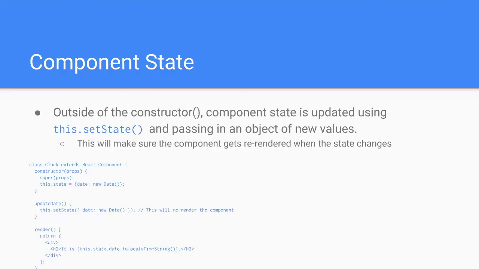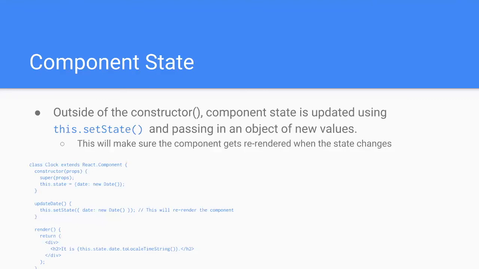Instead, here's a method called updateDate, and we say this.setState, and we pass in a new state object that gets updated. So we're updating the date, and we're passing in a new date. I didn't really show this, but we could have a button here that has an onClick that calls updateDate. So whenever that button gets clicked, it's updating the date.